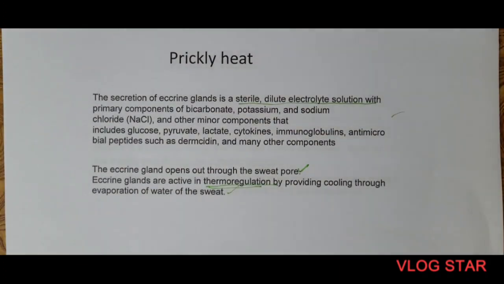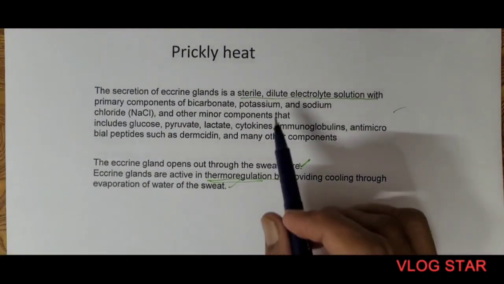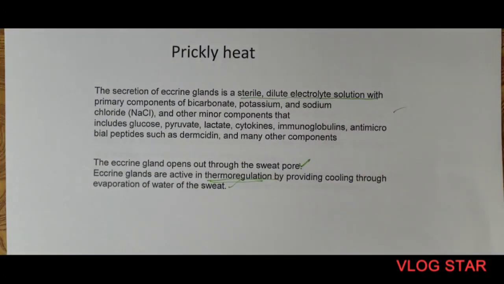The secretion of the eccrine gland is a sterile dilute electrolyte solution, mostly bicarbonates of potassium, sodium, and other minor components including glucose, pyruvate, lactate, cytokines, antimicrobial peptides, and so on.